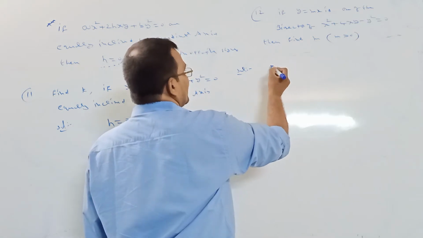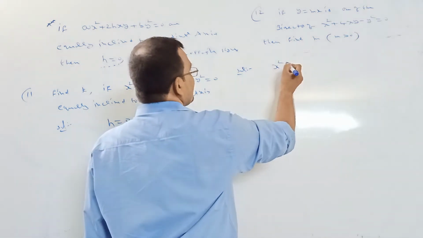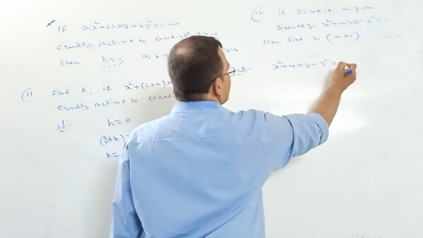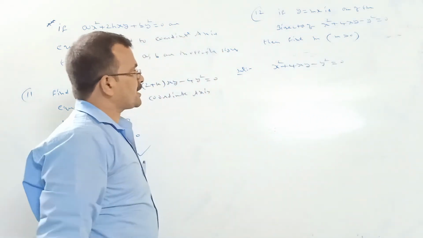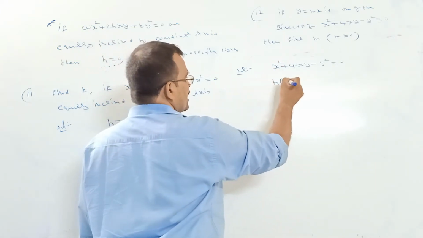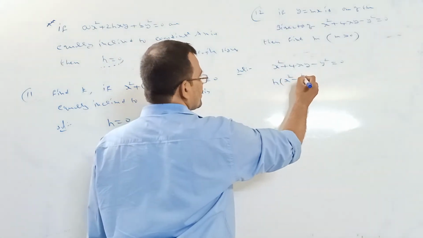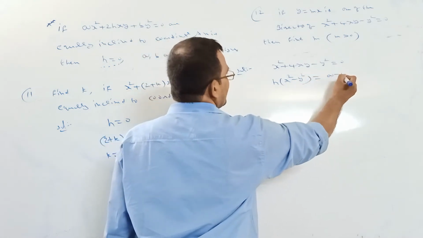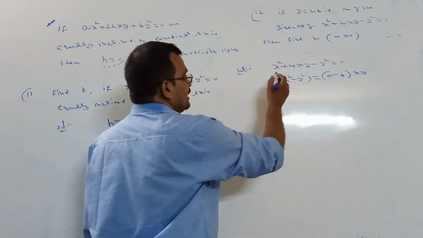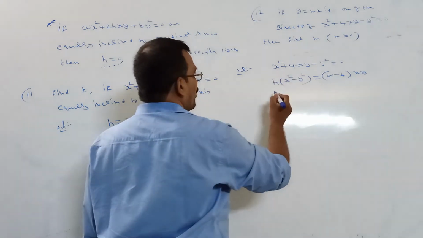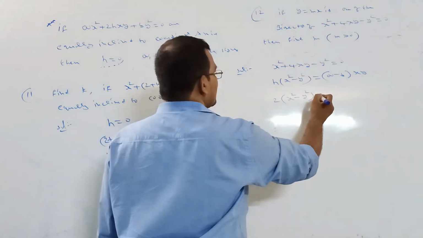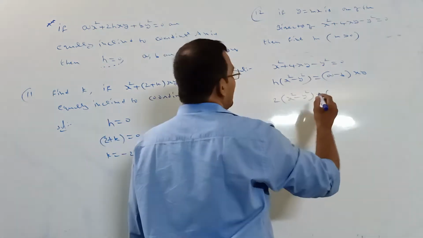First I find the pair of bisectors of the given pair of lines. By using this formula, (x square minus y square) by (a minus b) equal to xy by h, find the pair of bisectors. 2h equal to 4, so h means 2. 2 into x square minus y square equal to (a minus b) xy.